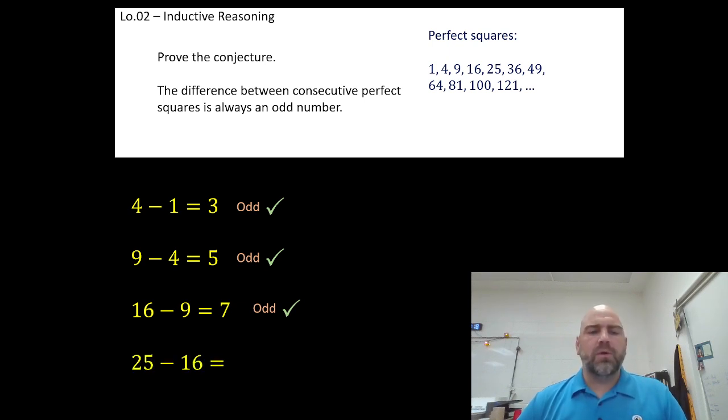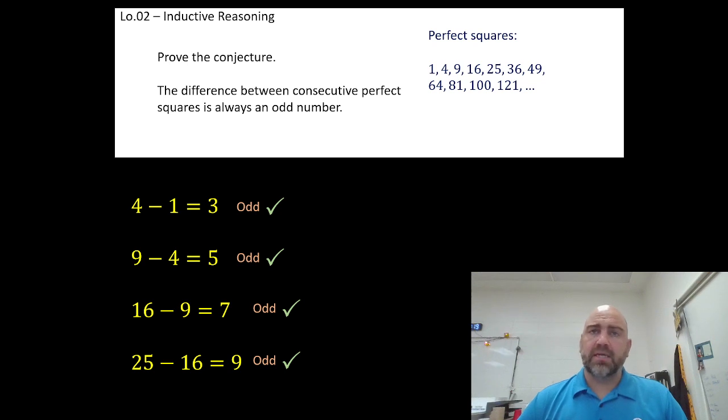I'm going to use a fourth one. I'm just going to do the next one here just to show that it still works for that fourth one. And 9 is also odd. So then that is in fact true. Inductively, we can say that there is a pattern that is showing this conjecture is true. We can't be 100% certain because we have not checked every single one of our perfect squares, but based on the pattern that we're seeing, this looks like it will be true.